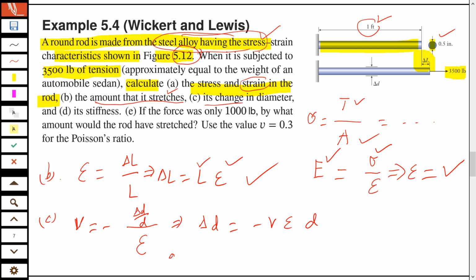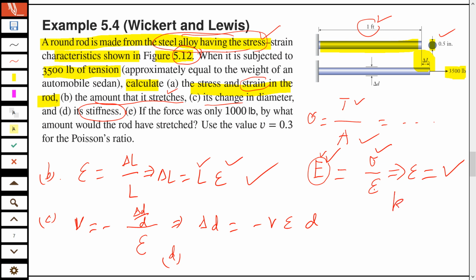पार्ट डी में क्या है? Can somebody tell me what is stiffness? It is the ratio of देखा ना, जिस तरह ये जो था elastic modulus is stress over strain, yeah.